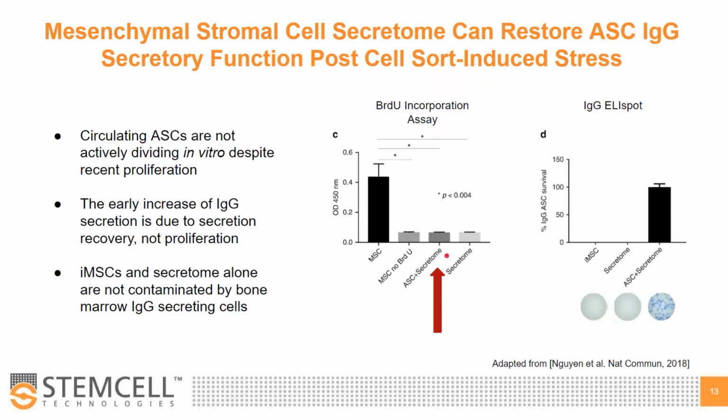And they did a control to show that their MSCs and secretome were not actually contaminated with any antibody secreting cells, and that any spots they were seeing in their IgG ELISpot were actually due to their isolated antibody secreting cells. So from here, they were able to conclude that the early increase that they see is due to recovery of the secretory function and not actually proliferation.